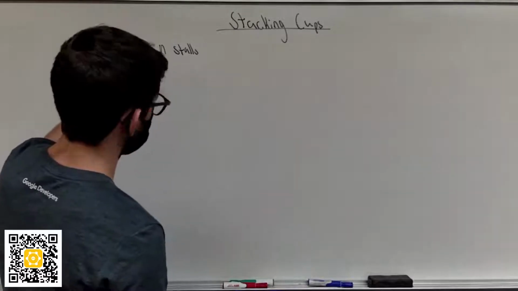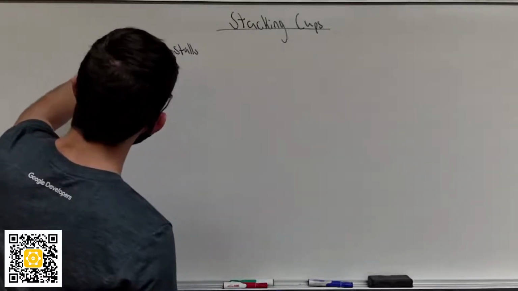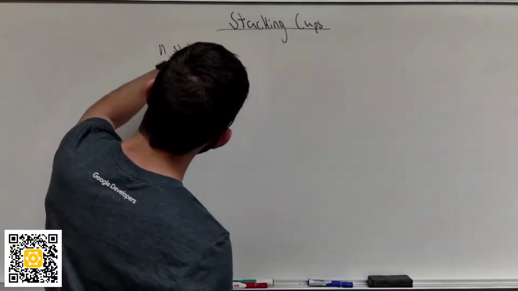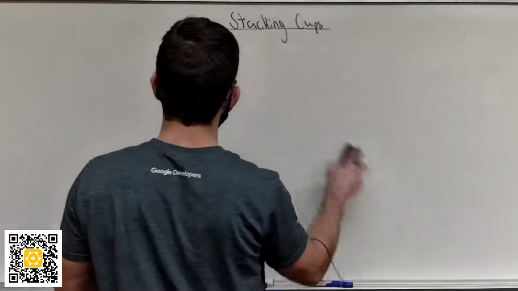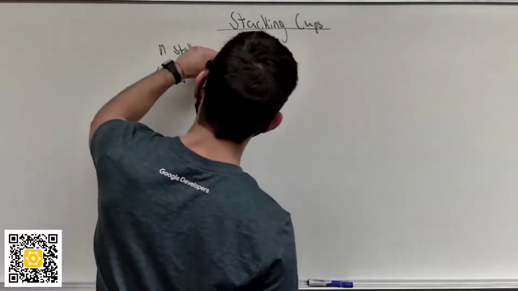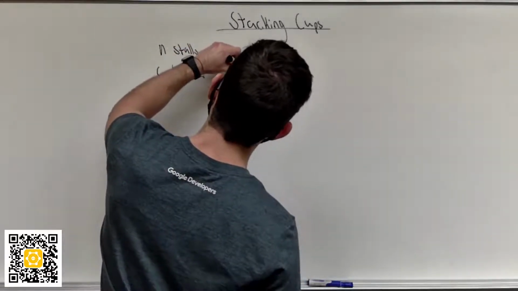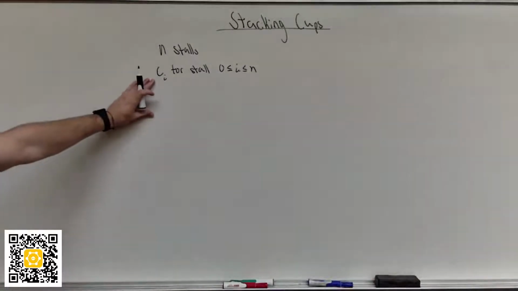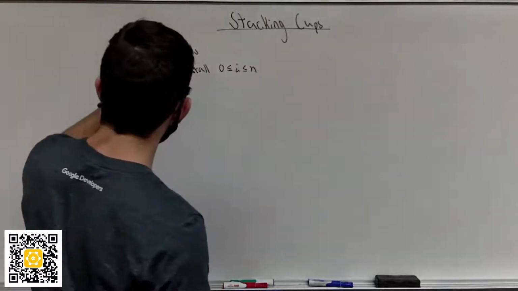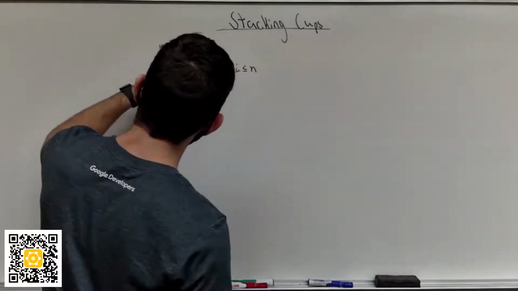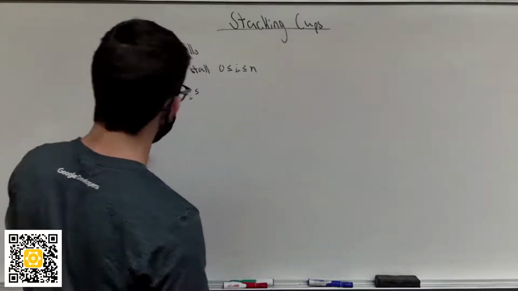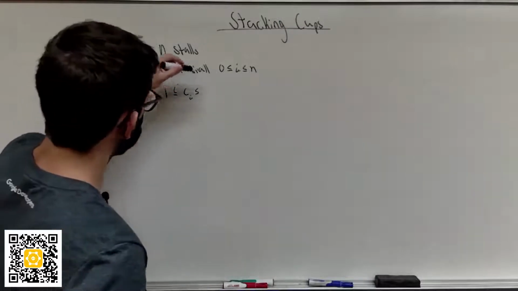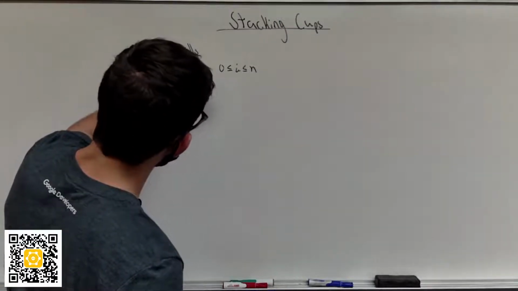So for stall i, the cup C of i has a size of 1 or greater, and less than or equal to, let's just say, 1,000.